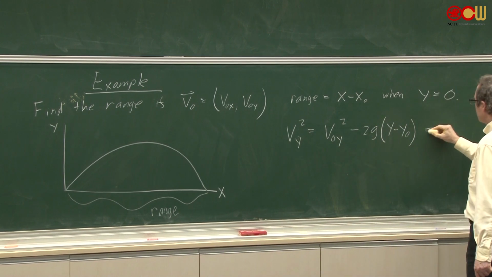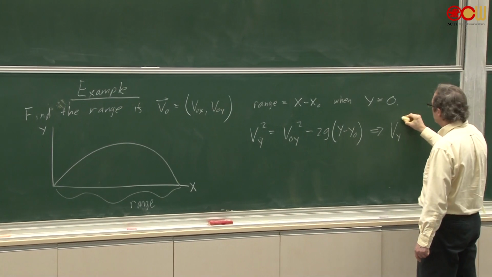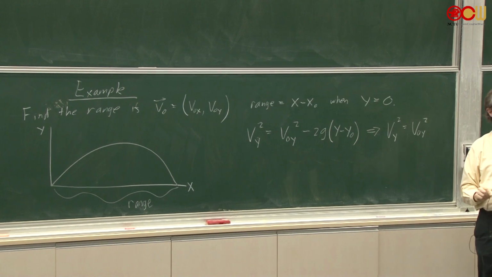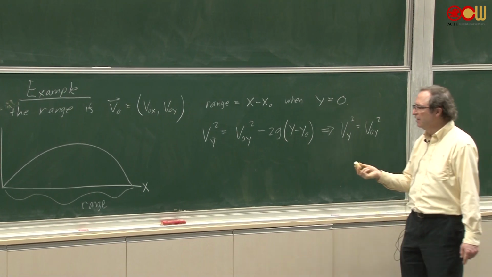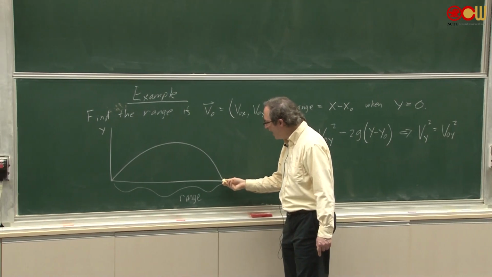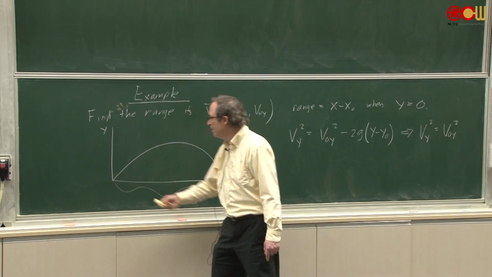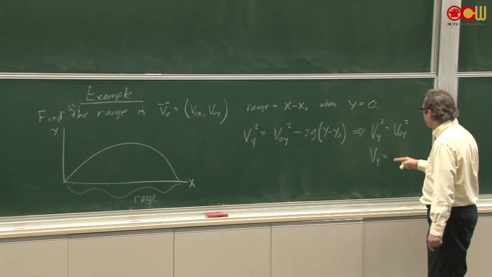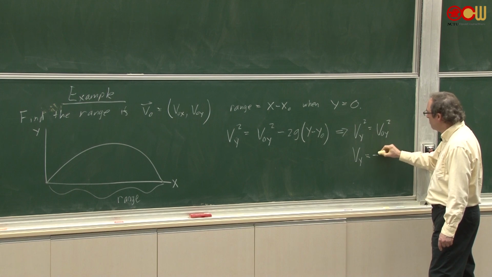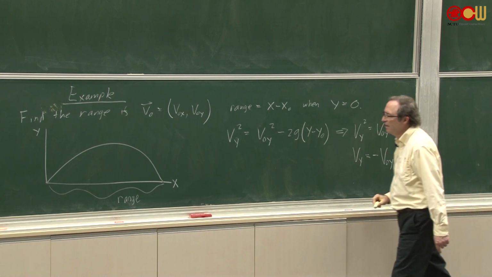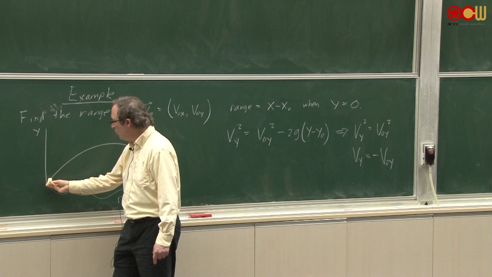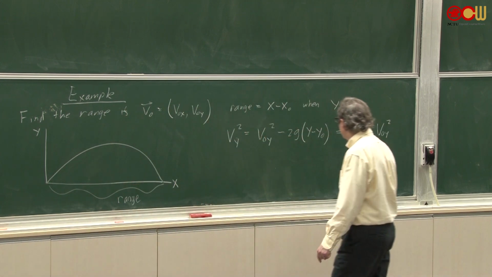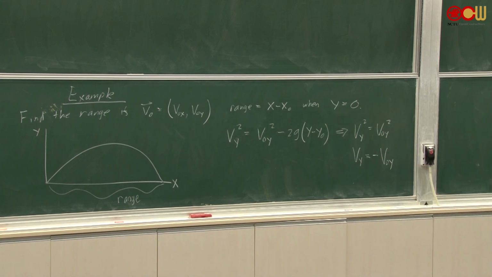And so we've just shown that vy squared equals v0y squared. We've already learned something. The speed in the y direction here is the same as here. All right? But of course, vy is not equal to plus v0y, it's equal to minus v0y. Right? Because here, v0y is positive, it's going up. Here it's going down.